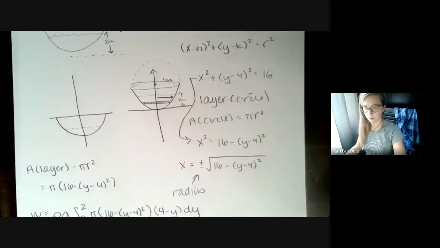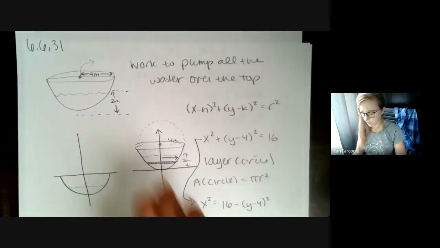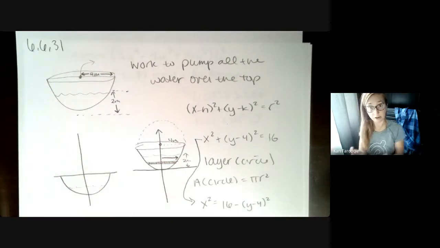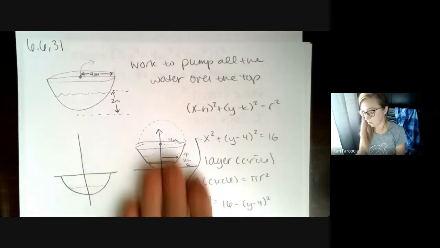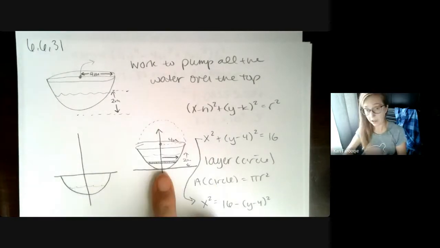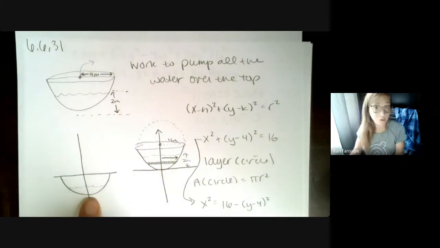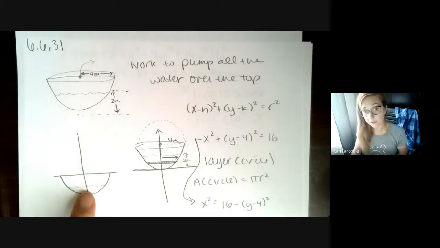To recap, we had this hemispherical tank. We said, okay, you can orient it this way so that the bottom half of it is sitting underneath the x-axis, or you can push it up so that the absolute bottom of the tank is sitting on the x-axis. I know this seems harder. Either one. If you would like, you can try this one.